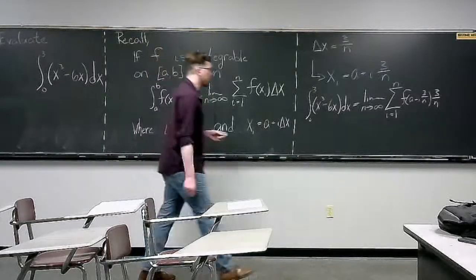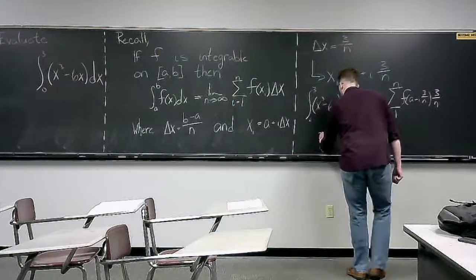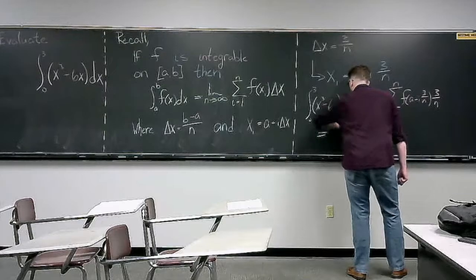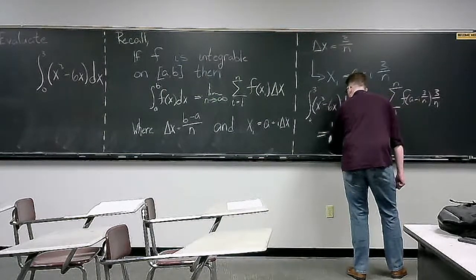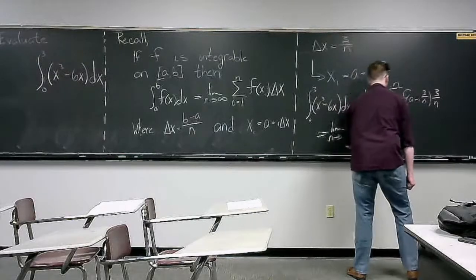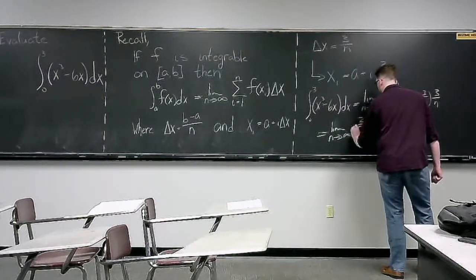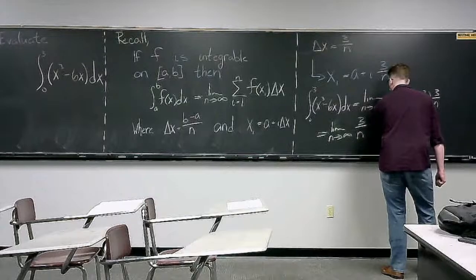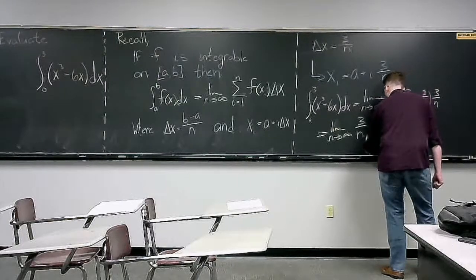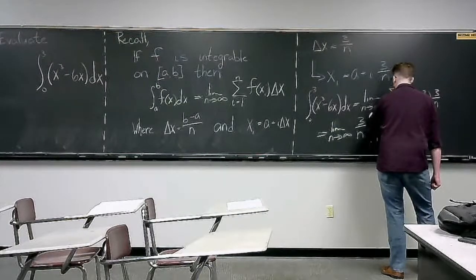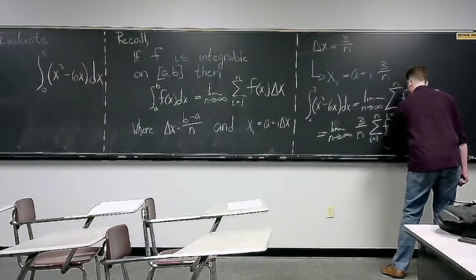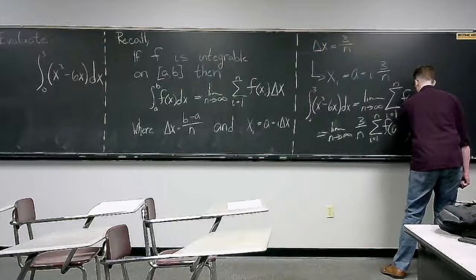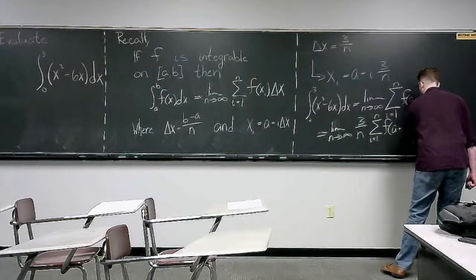So we can pull that up front to get this is equal to the limit as n goes to infinity of 3 over n times the series from i equal to 1 to n of our function evaluated at a plus i times 3 over n.